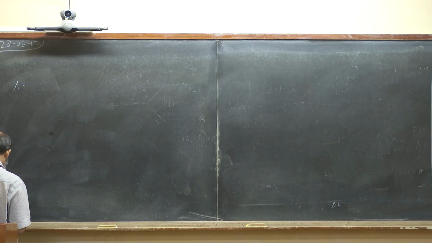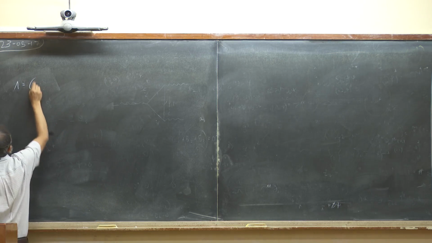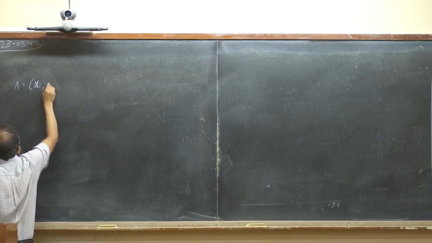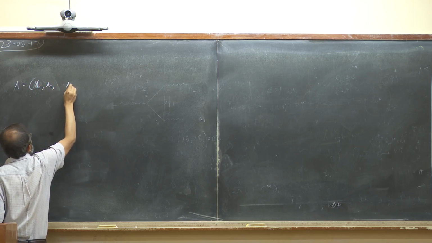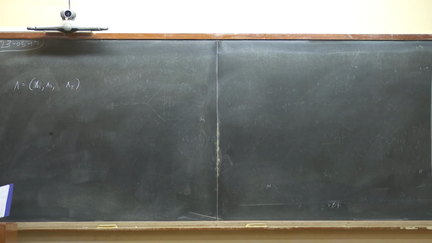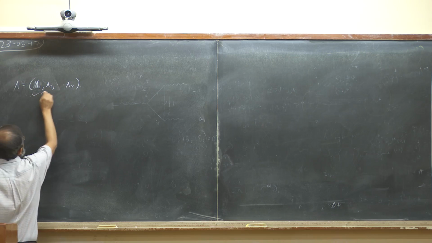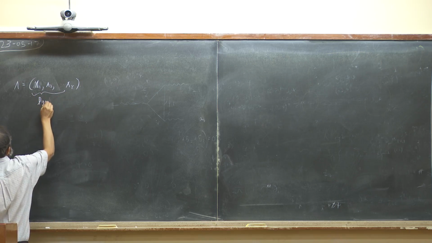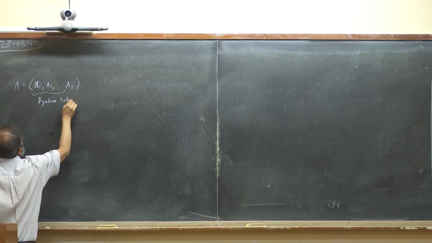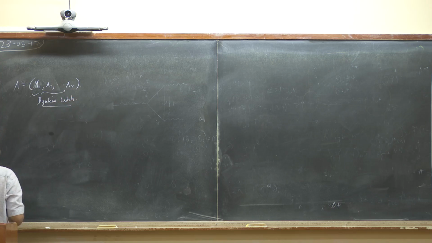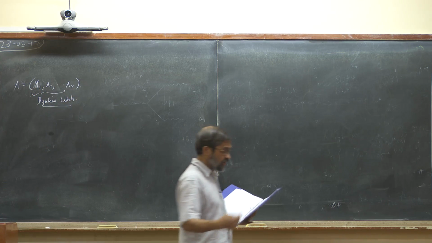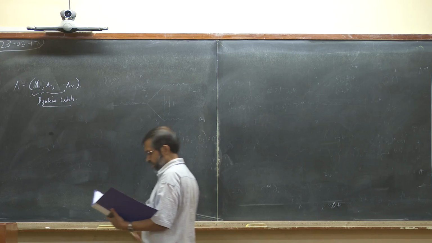And let us say that this lambda is given by some numbers, so these are some integers. These are called Dynkin labels. Remember that these basically give you the depth of the towers along the various simple root directions.